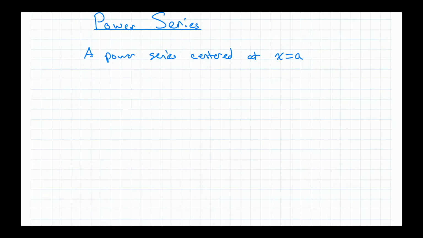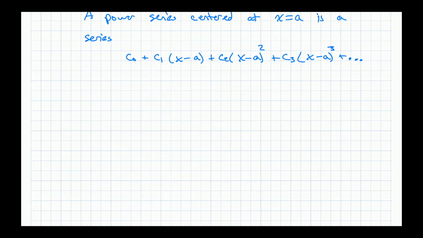So a power series centered at x equals a is a series like this: C0 plus C1 (x minus a) plus C2 (x minus a) squared plus C3 (x minus a) cubed, and so on. Okay, that is what a power series is.